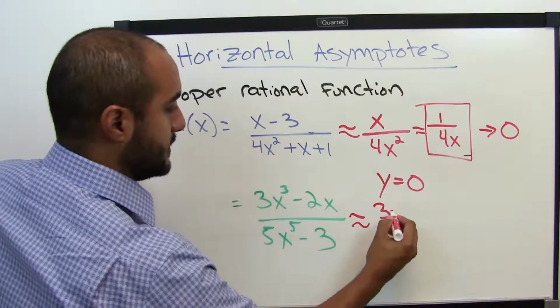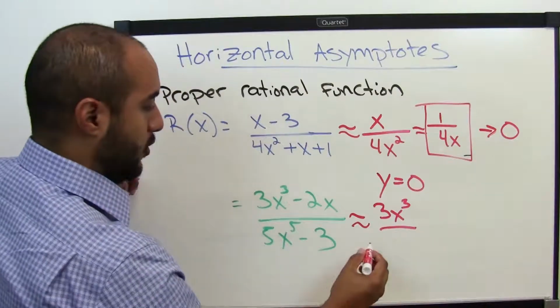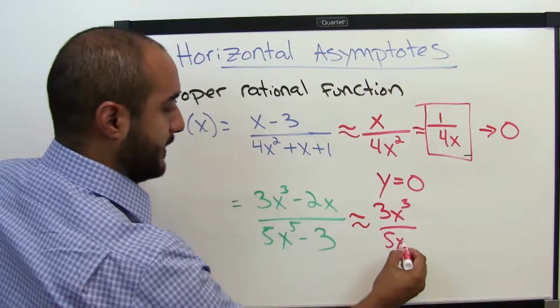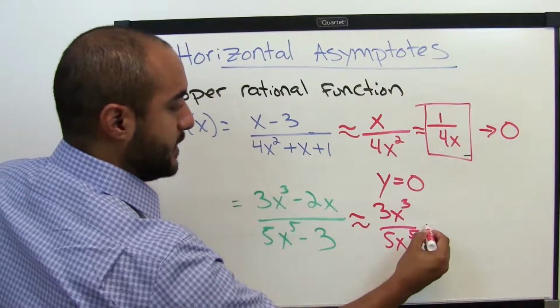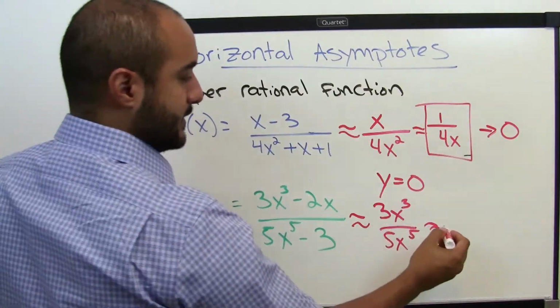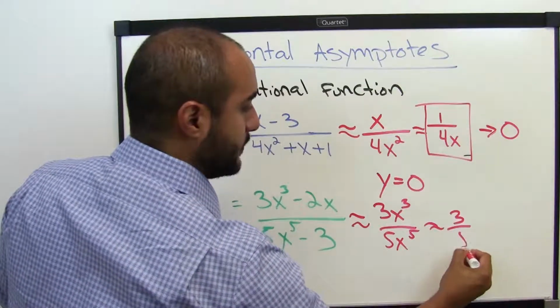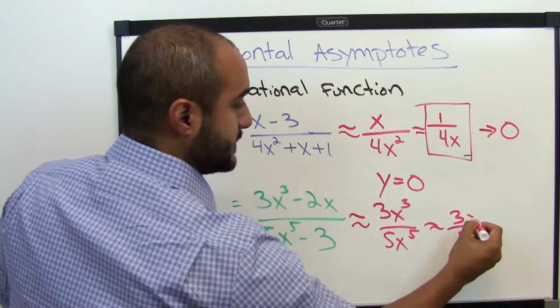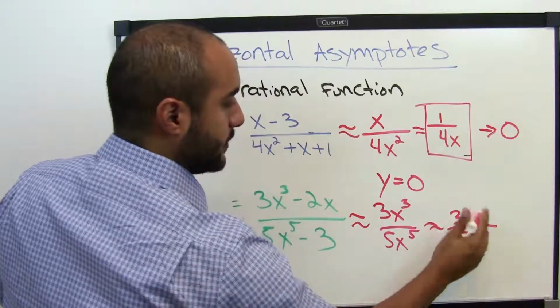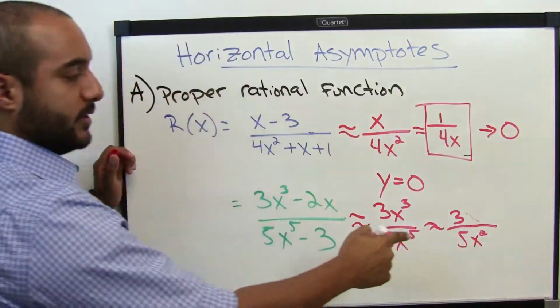So in this case, it's 3x to the third over 5x to the fifth. So what happens here? Let me just simplify this. It's still 3 over 5, and those are all gone. I just have x squared below.